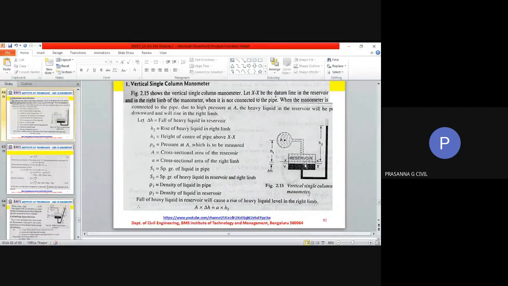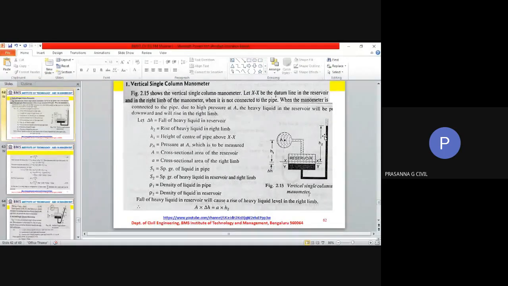This chamber they call by the term reservoir, and the area of this reservoir is almost 100 times more than the cross-sectional area of the pipe. So that means if there is a small level difference here, it will not be noticed. Very small, 1 millimeter drop here, there will be an appreciable change in the tube.